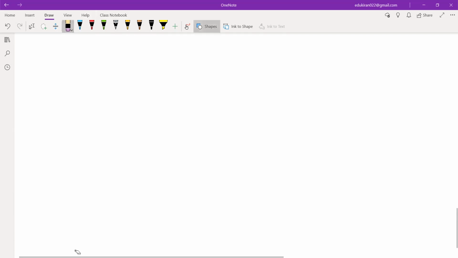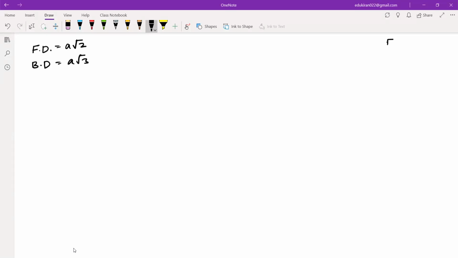Also, please remember the important information: the face diagonal is a root 2, the body diagonal is a root 3, the face center's contribution is half, the edge center's contribution is 1/4, and the corner is 1/8, for a cube. These are the things you must always keep in mind in order to answer fast.